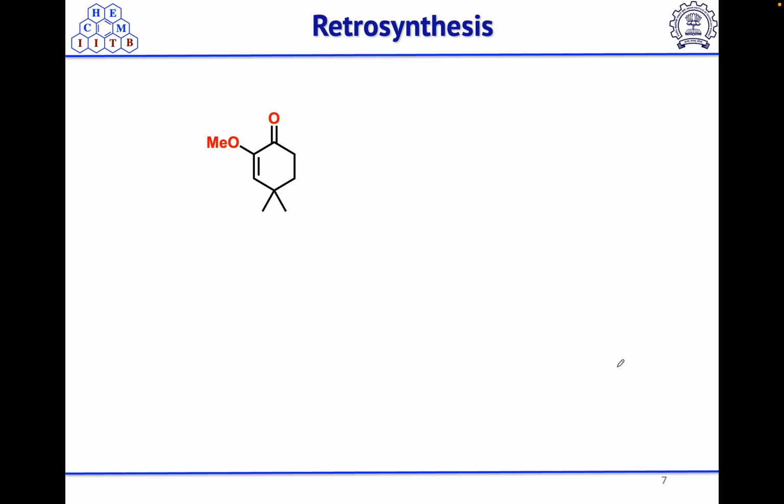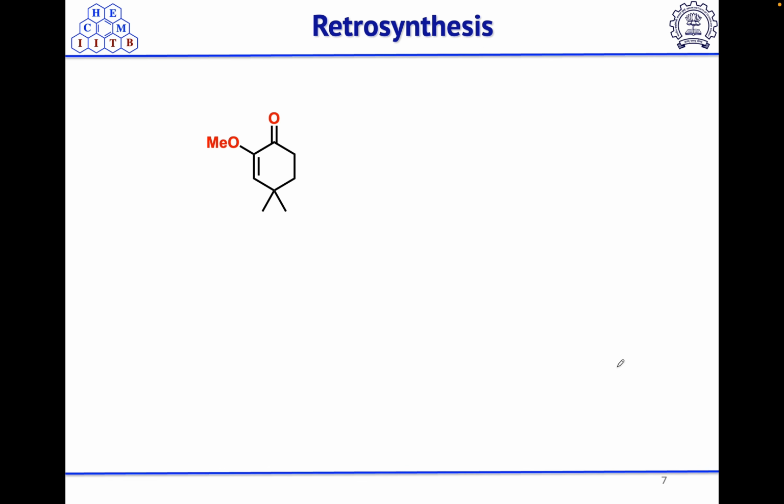Just think what the functional groups are and at which position they are present. First, it is a six-membered ring, and you have one carbonyl group, one methoxy group at the alpha position to this carbonyl, and one carbon-carbon double bond at the alpha-beta position compared to this carbonyl group.